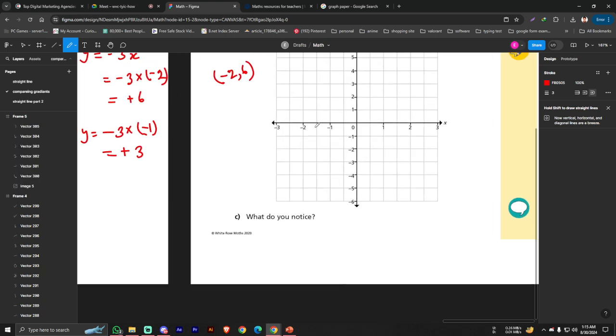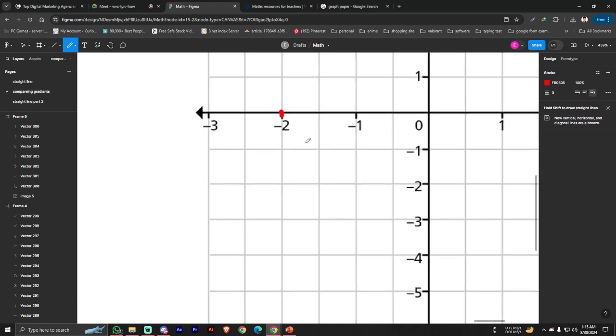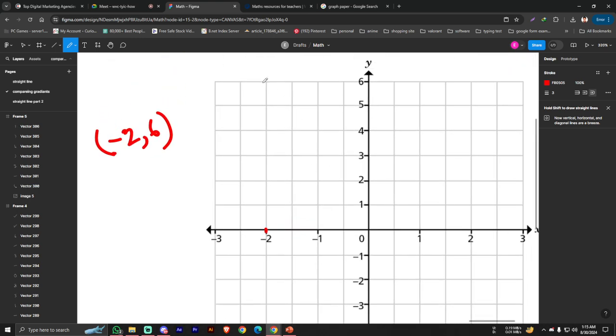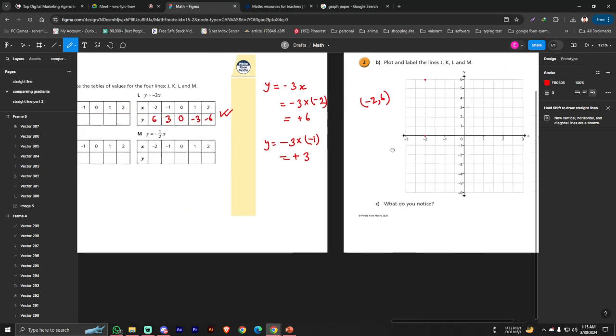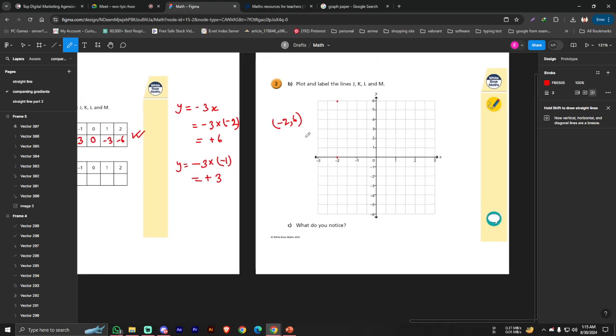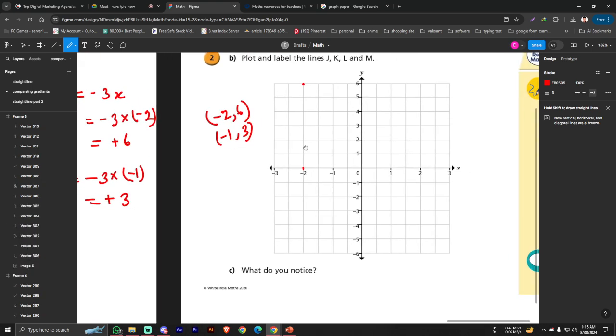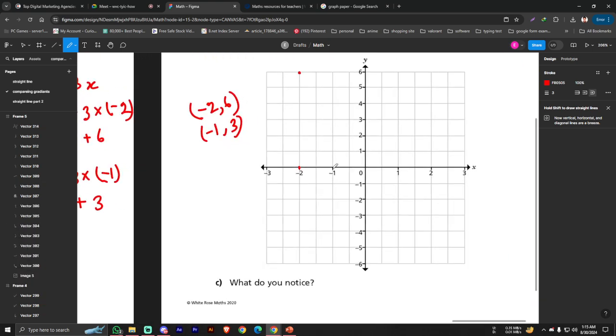Where is it? -2 here, 6 is upward, of course, a positive value. That means up. This means here. Now comes -1 and 3. -1 comma 3. Where is it? -1 is here and 3 is here.